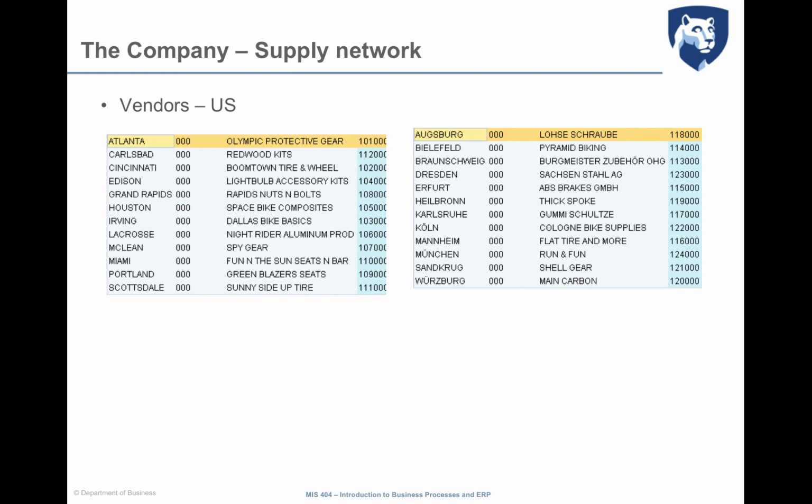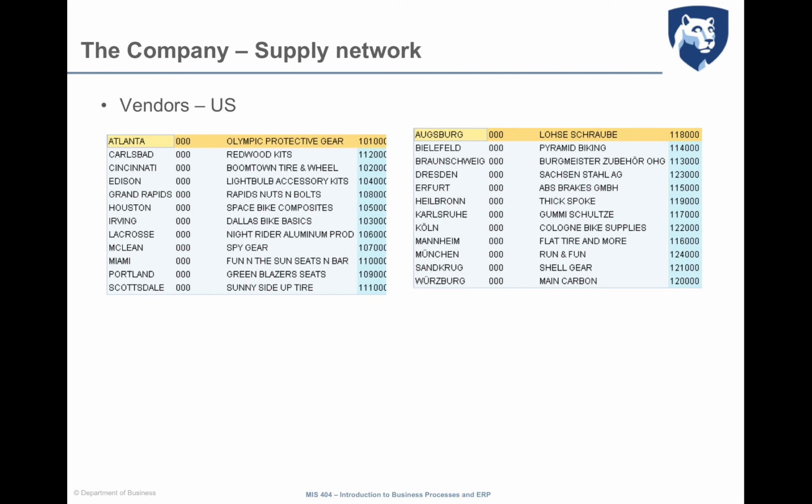In terms of the supply network, we can see that most of the vendors are located in the US, and the whole subset forms an extensive network of partners that are able to ensure process continuity for the whole production.